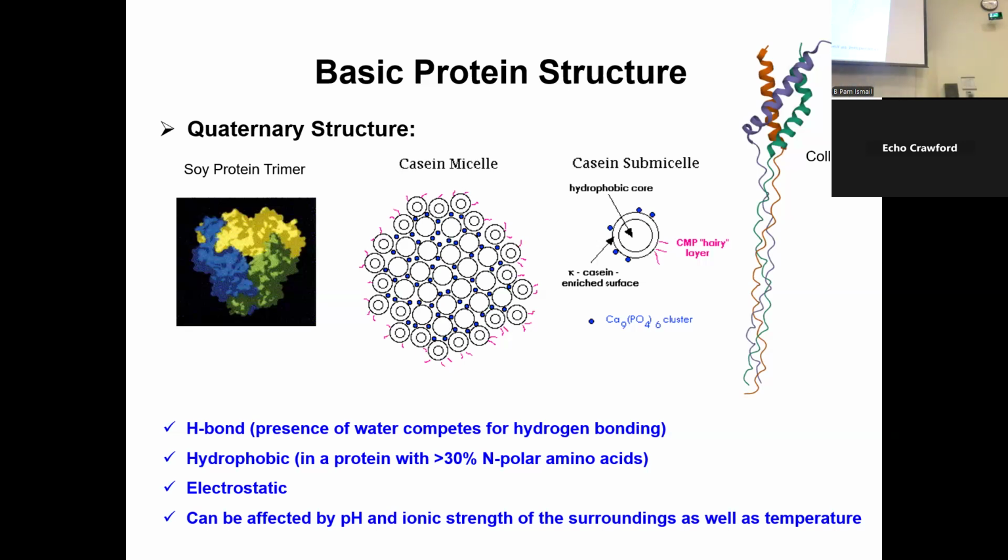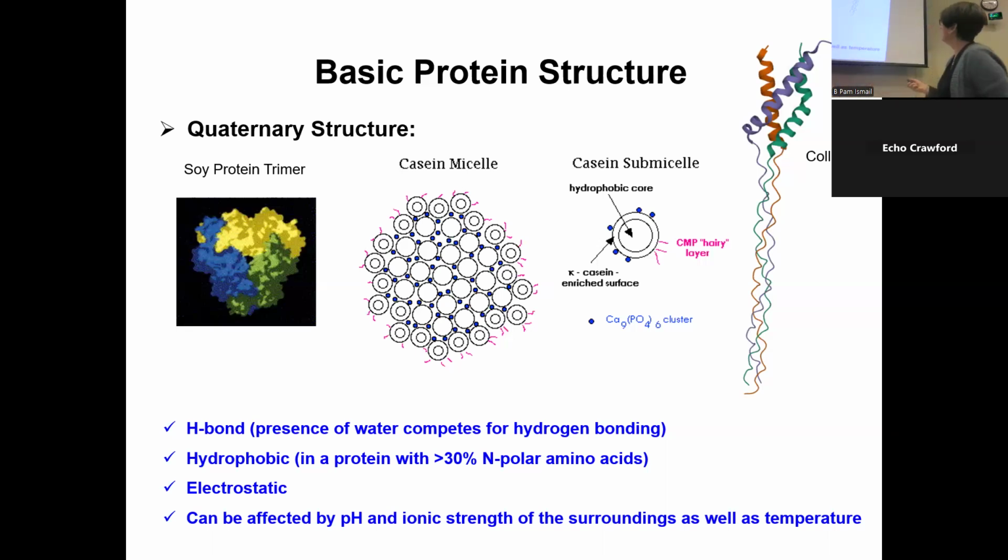And also they are phosphorylated, so they start forming protein-protein interaction via calcium phosphate bridges. Then they start clustering, and the kappa casein comes and fills the surface with this glycomacropeptide that is negatively charged. And then your casein micelle is stabilized in the milk. So that's a quaternary structure of the protein.